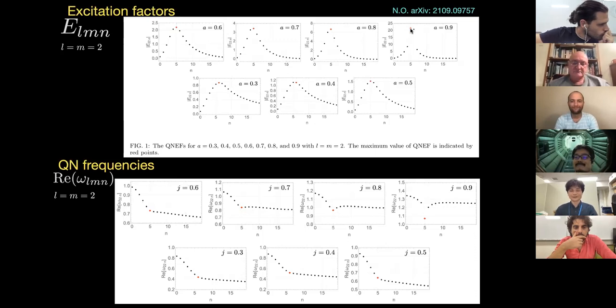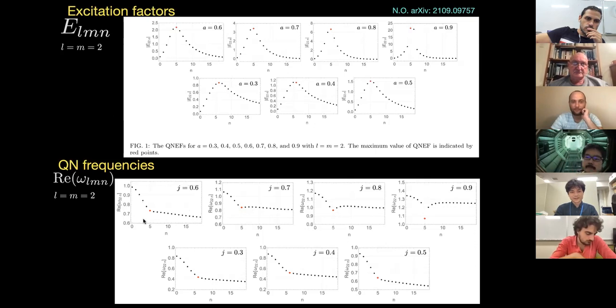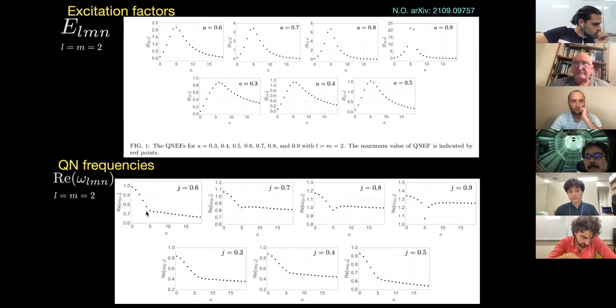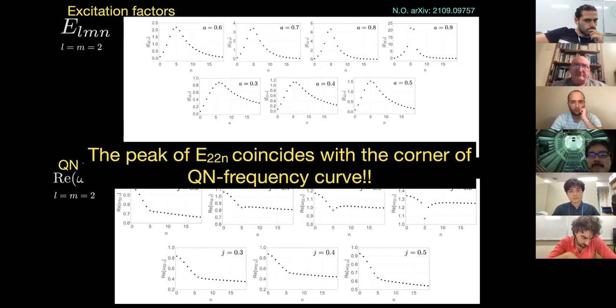But it is very important, since this implies that there is meaning in the corner of the quasi-normal frequencies, and this is very important to see the significance, the ease of excitation, of the quasi-normal mode.